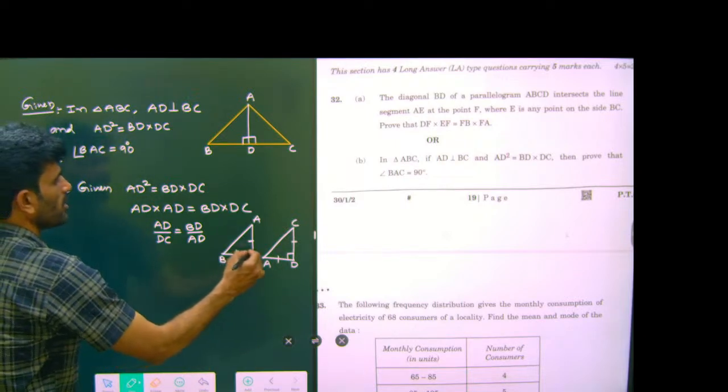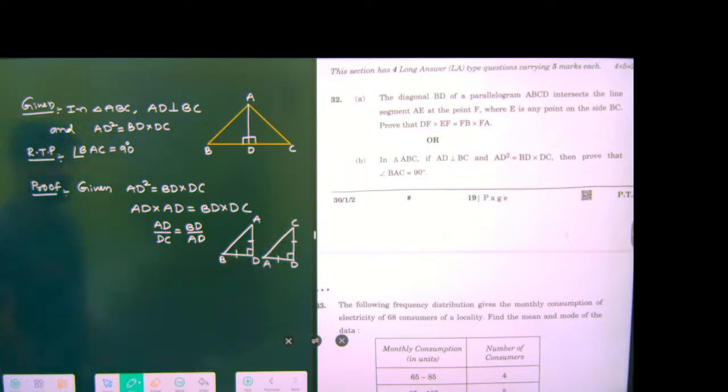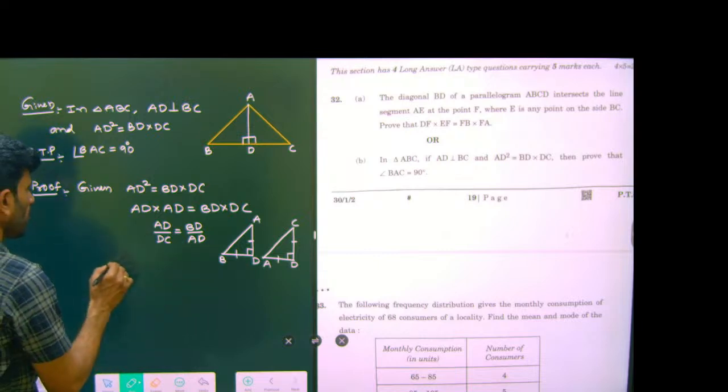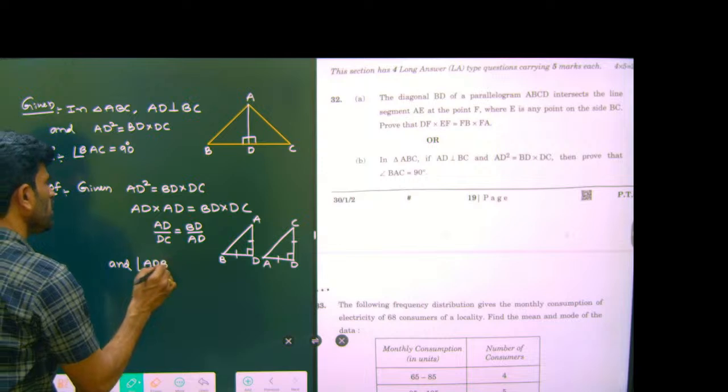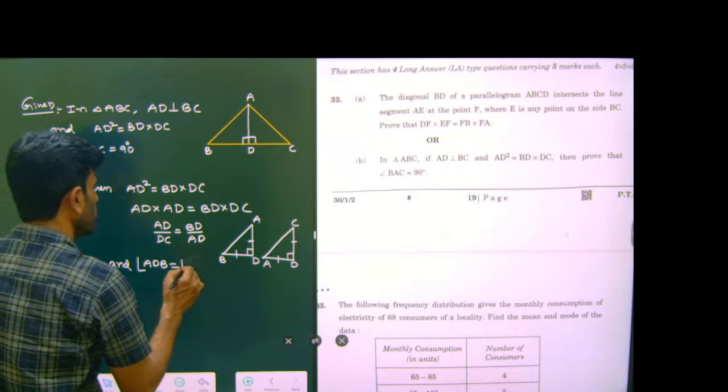See, we got corresponding sides ratio same, and we also know angle ADB is equal to angle ADC.